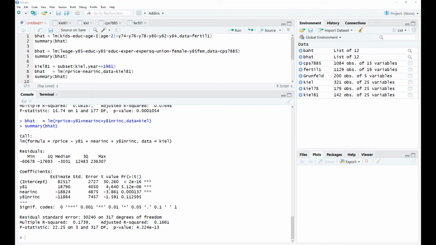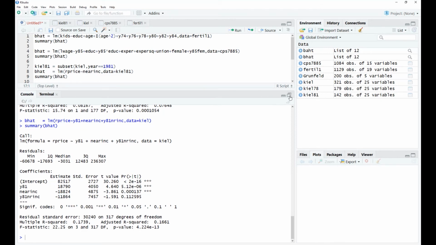The coefficient of 18,824 is the location effect not due to the incinerator. And only the negative 11,864 is the decline in housing values due to the incinerator.